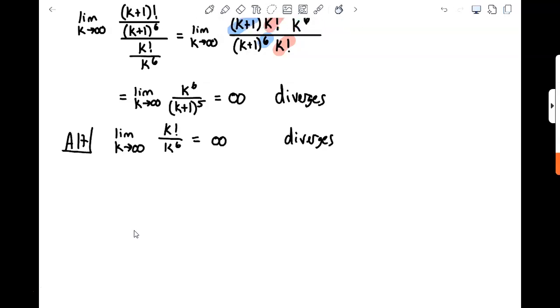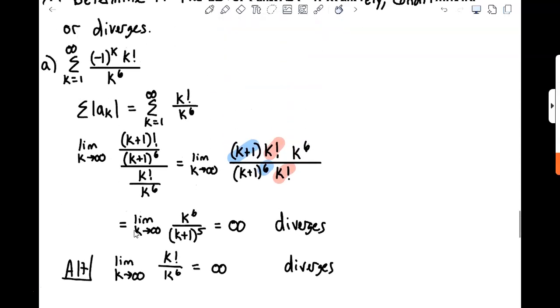Now, I chose to do the ratio test to test convergence here. We also could have used this same reasoning with the divergence test. For the absolute one, we could have looked at that and said, hey, that goes to infinity, so of course it doesn't go to 0, so it's going to diverge.